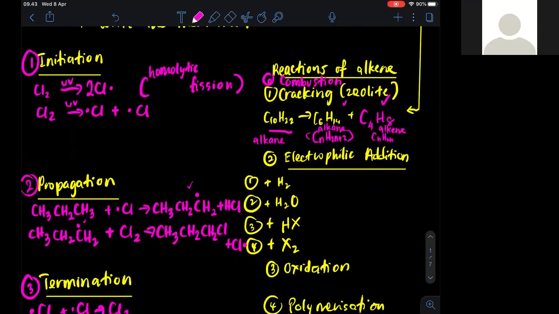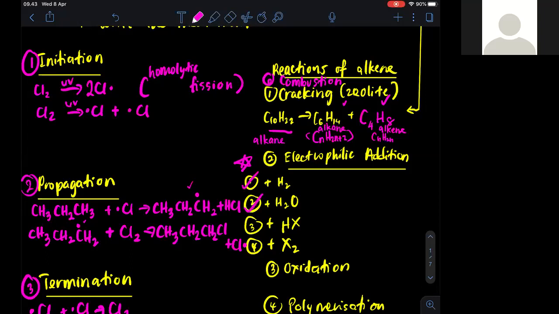Now, the important mechanism of reaction for alkene is going to be electrophilic addition. We have a total of 4 reactions I've listed down over here, and we will go through them one by one. One is addition with hydrogen gas.